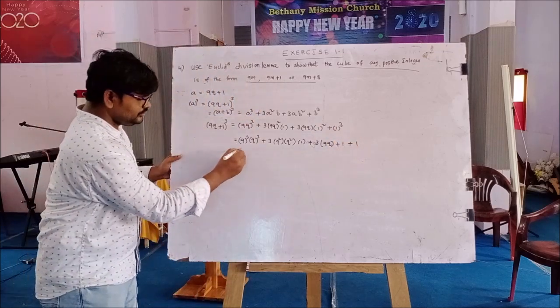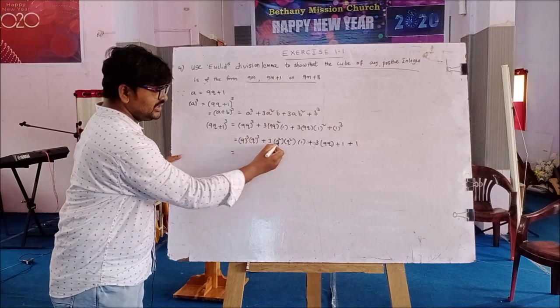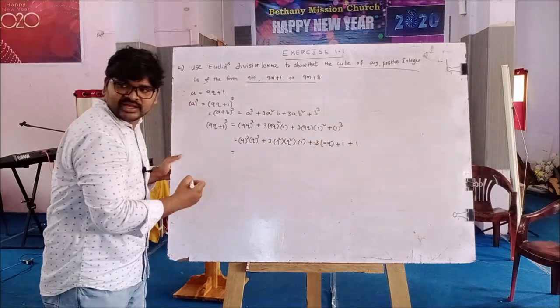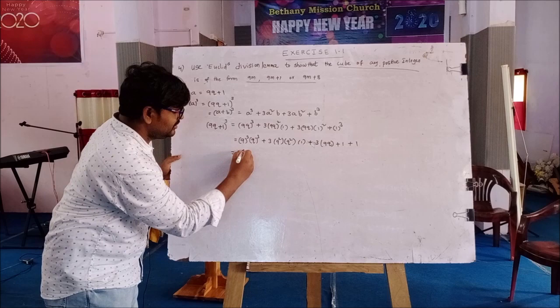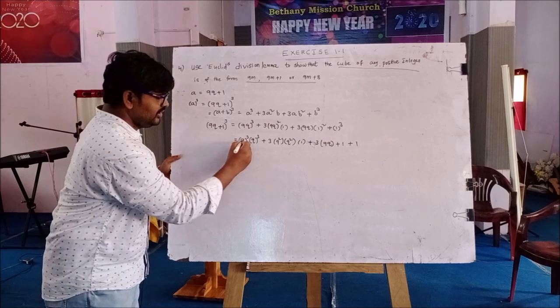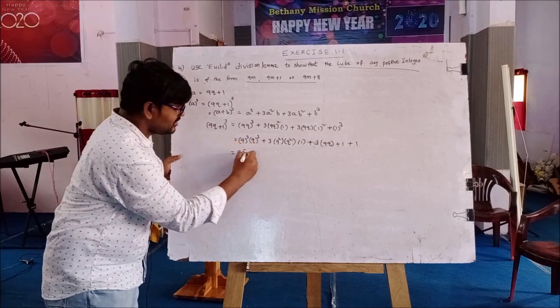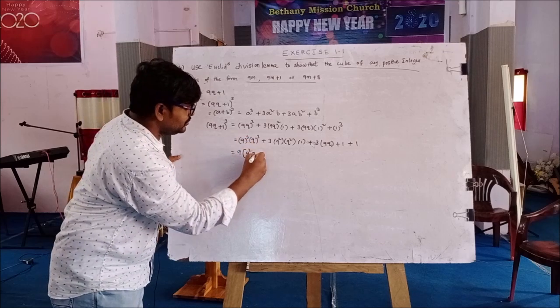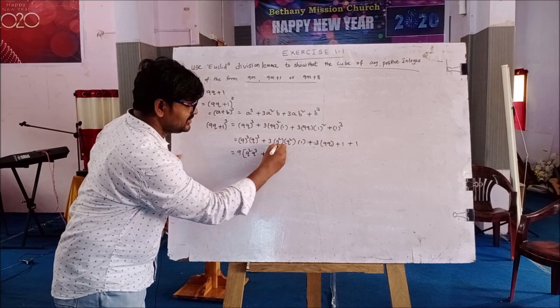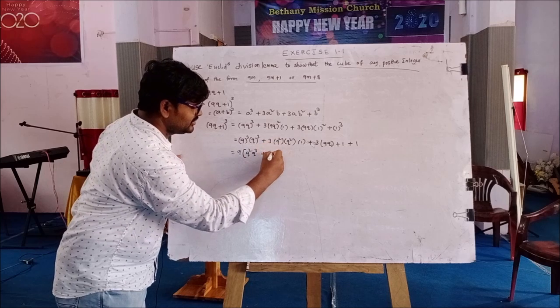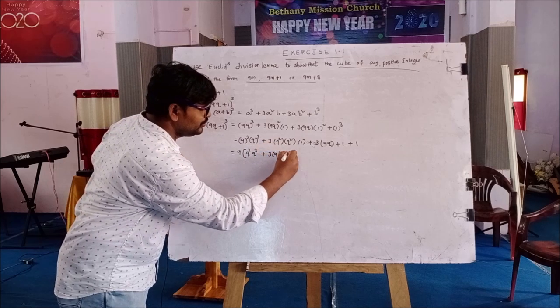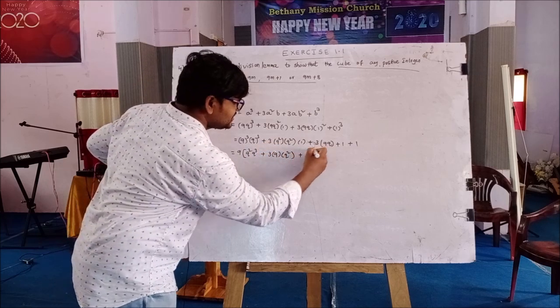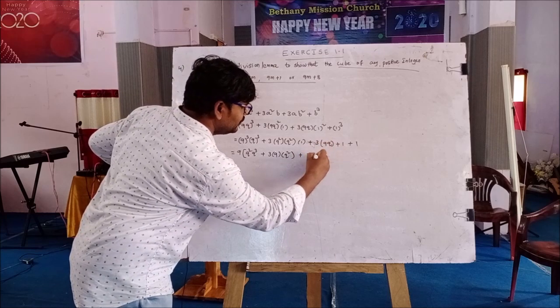Here 9 cube, here 9 square, here 9, so take common 9. Here 9 cube, 9 is common, so 9 square into 9 square q cube, plus 3 into 9 into q square plus 3 into q.